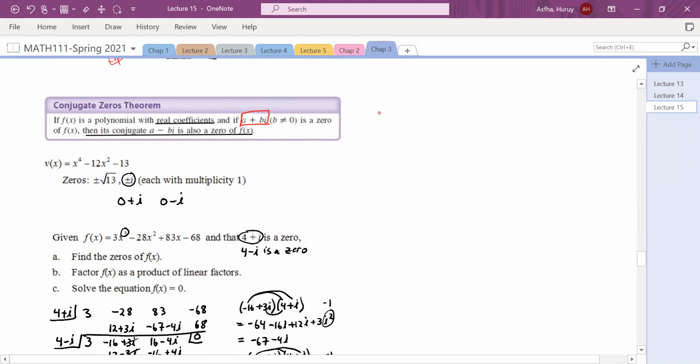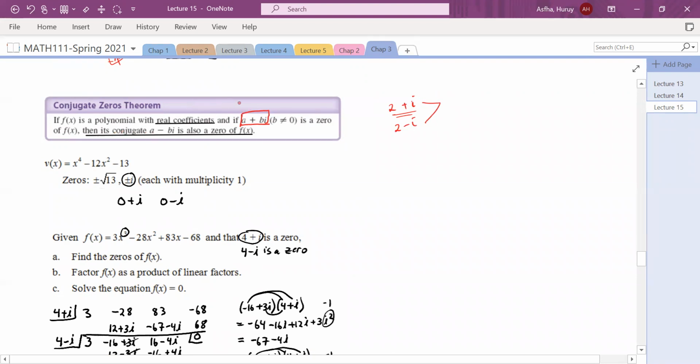So just a simple example: if 2 plus i is a zero of a polynomial, then the complex conjugate of this one, 2 minus i, is also a zero of the polynomial.